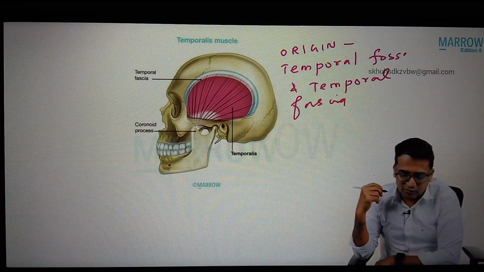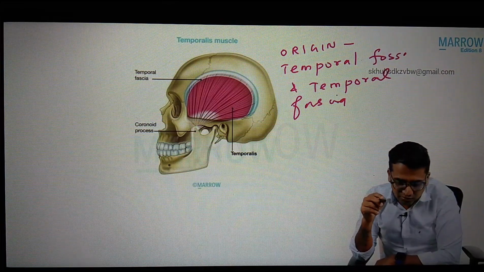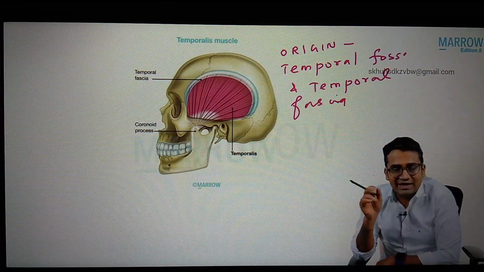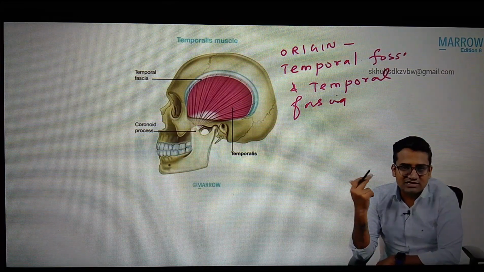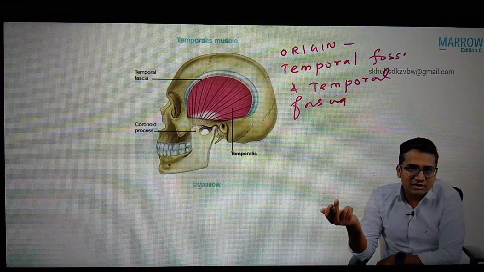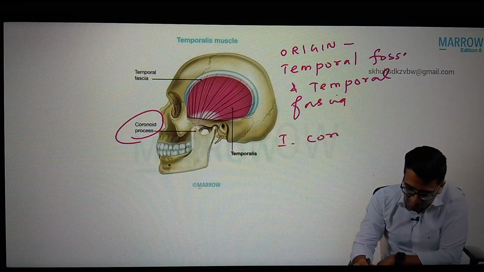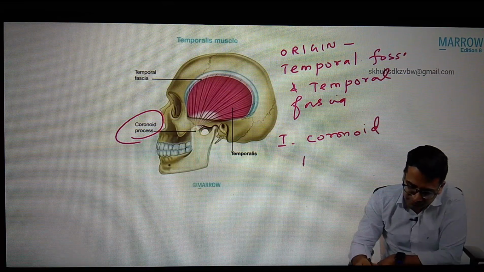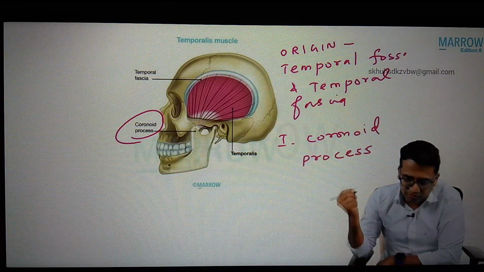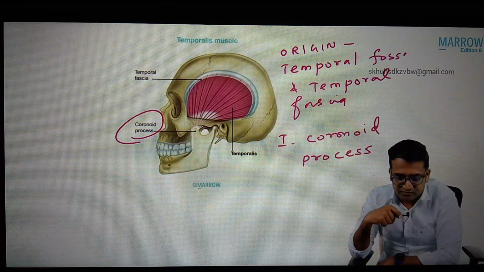Now, insertion. I told you the upper part of the ramus has two parts, the head of the mandible and the coronoid process. So the insertion is to the coronoid process.